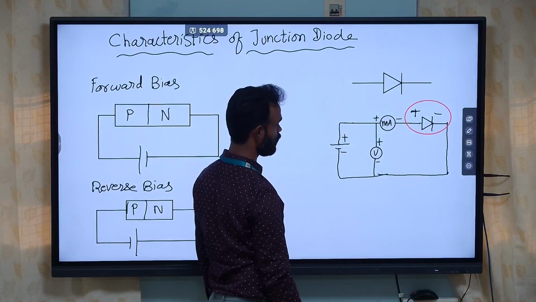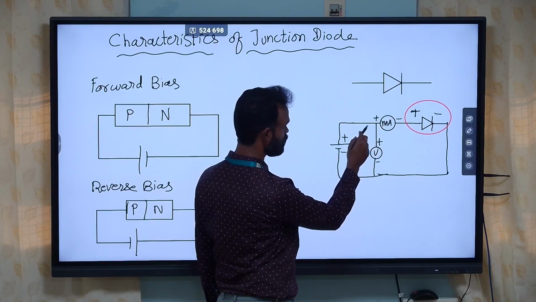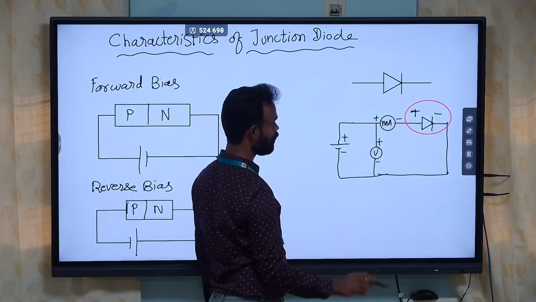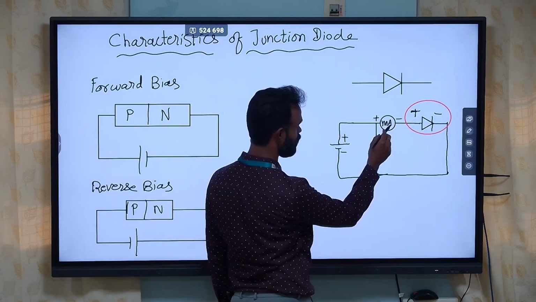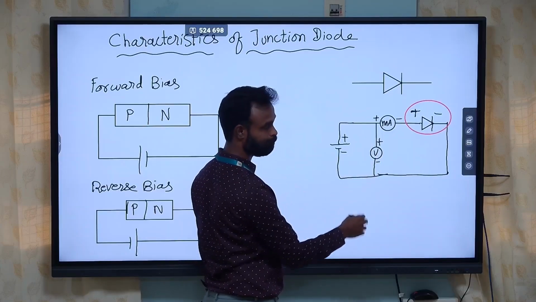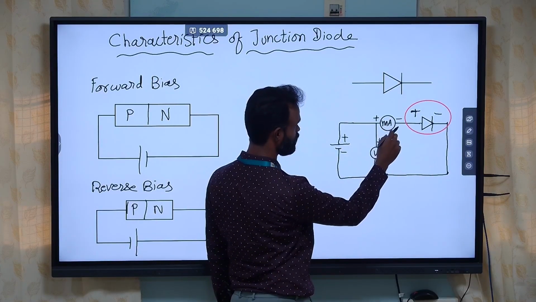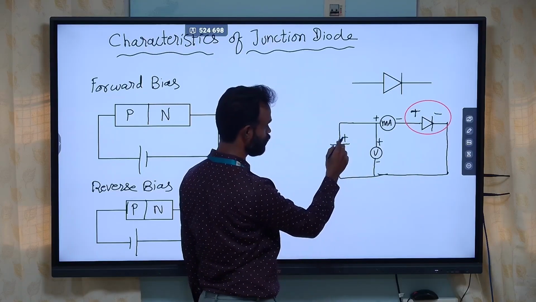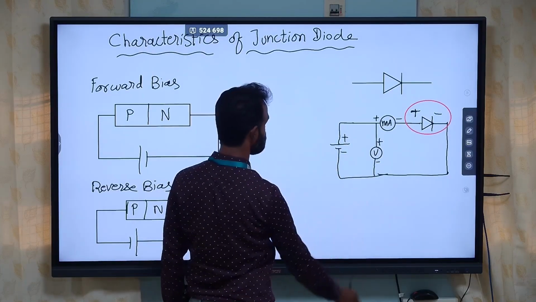We cannot connect the voltmeter like this in series. It will not give the correct information, correct voltage. Likewise, this ammeter cannot be connected in parallel. For measuring the current, we should connect in series. For measuring the voltage, we should connect in parallel with the power supply.